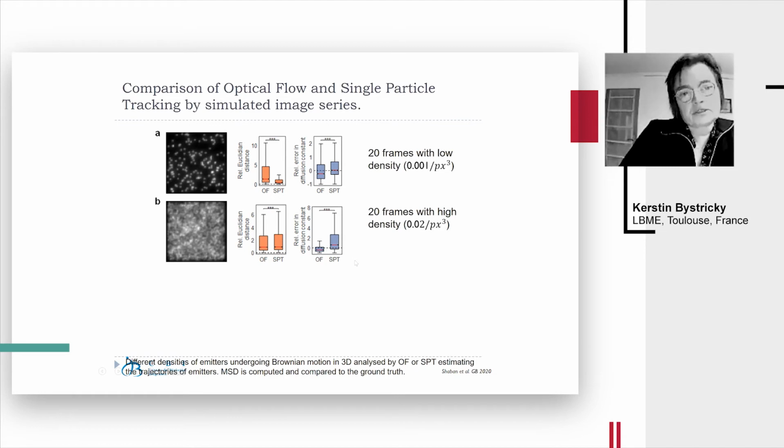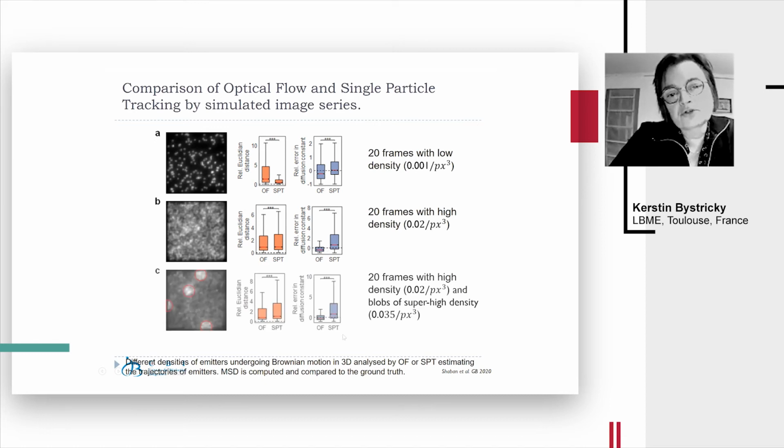And if you simulate something that is even closer to what we see with chromatin, meaning that you have densely labeled molecules, but then you have clusters, clutches, hubs, whatever you want to name it, of even denser chromatin, and you analyze optical flow and single particle tracking, you clearly see a superiority of optical flow, which gives you a much more precise estimate of the different parameters.